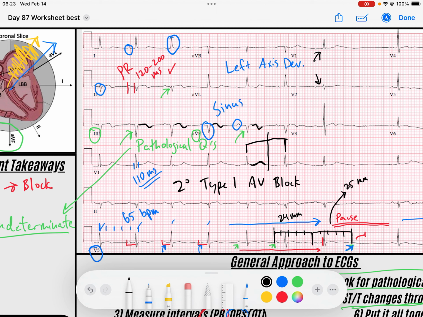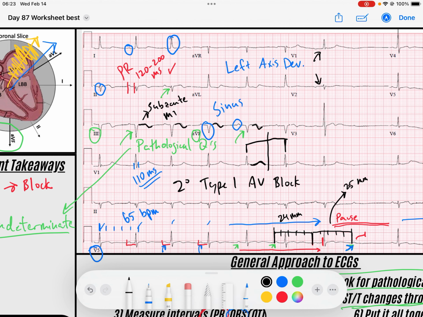And so these are really signs of a subacute myocardial infarction, these biphasic inverted T waves. And so that should tell you that this MI might actually have been as recent as the last couple of days.